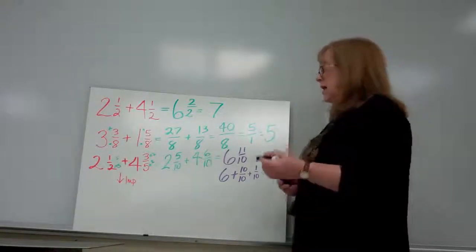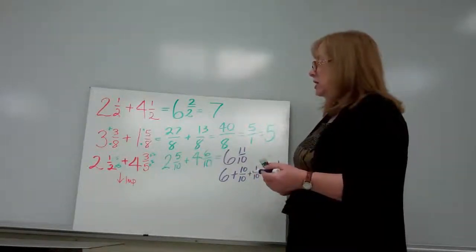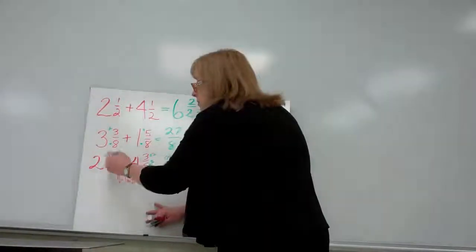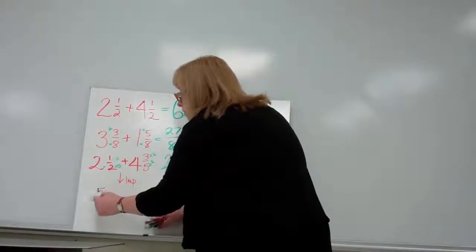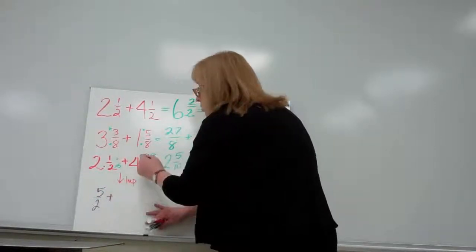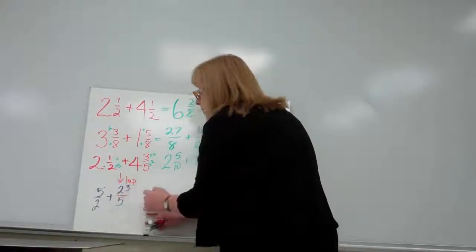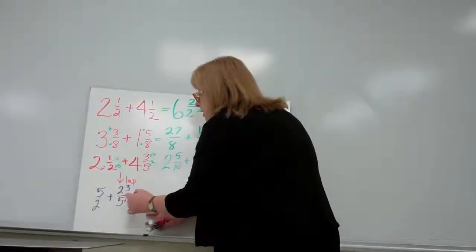All right, let's go ahead and change it to improper fractions and then find the common denominator from there. 2 times 2 plus 1, 5 over 2, plus 23 over 5. I'm going to use 10 again.